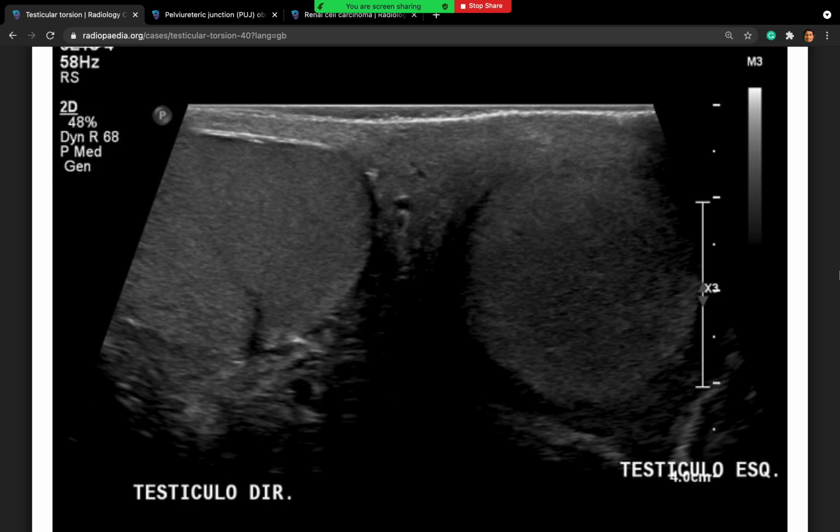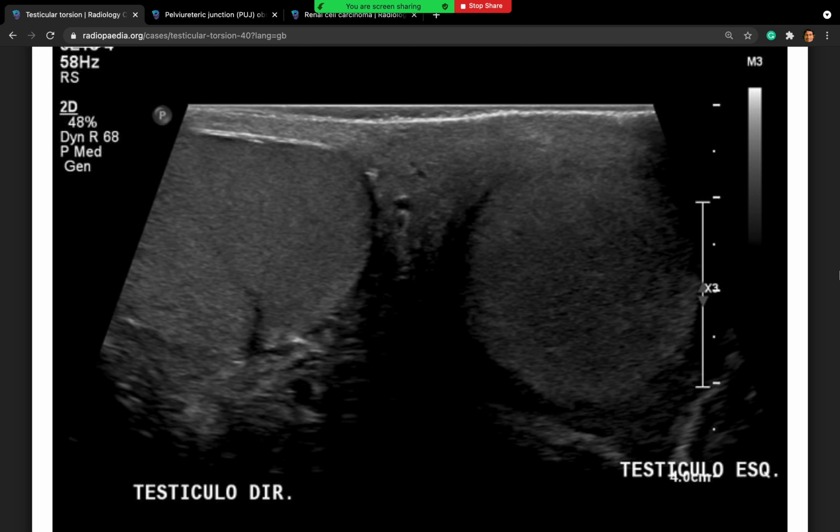If there is flow away, then that would appear as red. This way, it is able to assess the blood flow to a particular structure, in this case the testis, and it can also assess the blood flow within the testicular tissue, apart from the main artery itself.